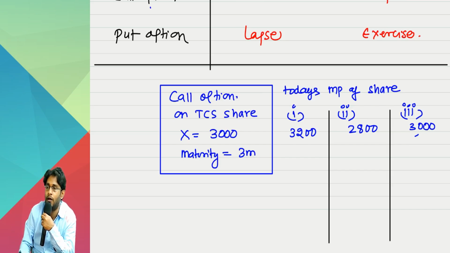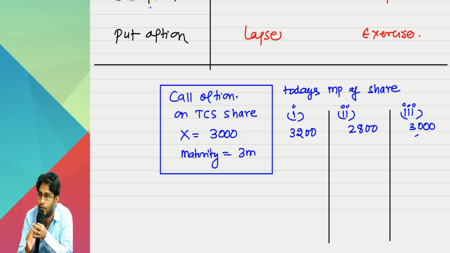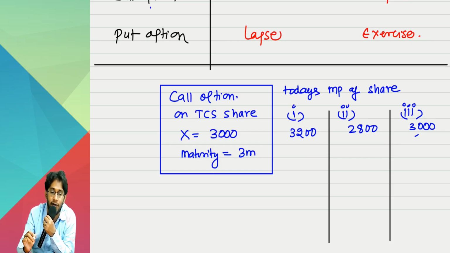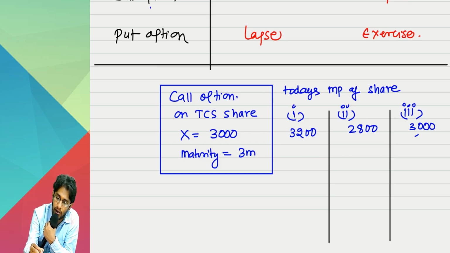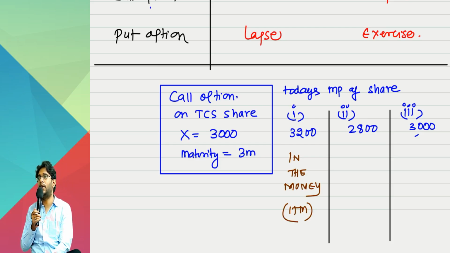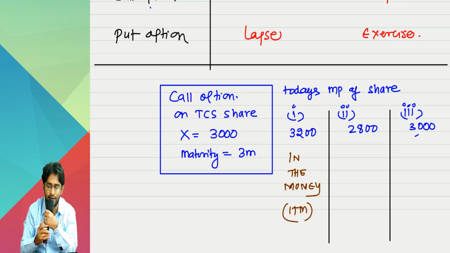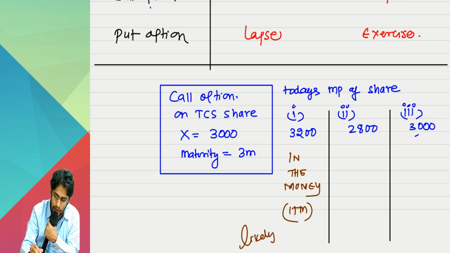Today share price is 3200, but in the contract you can buy the share only at 3000. So is the contract looking favorable or unfavorable to you? Favorable. This type of contract is called an in the money option, or simply ITM. In the money means likely to be exercised.